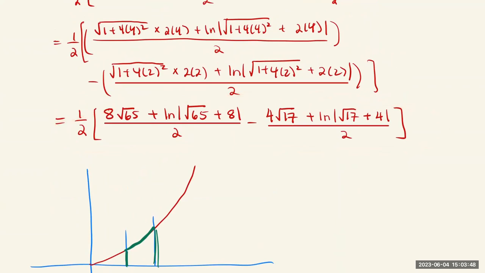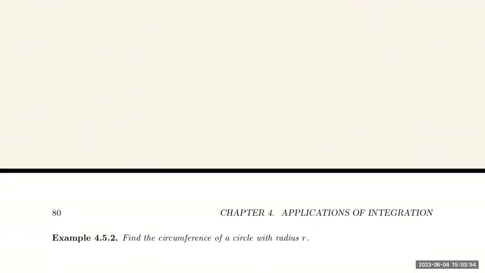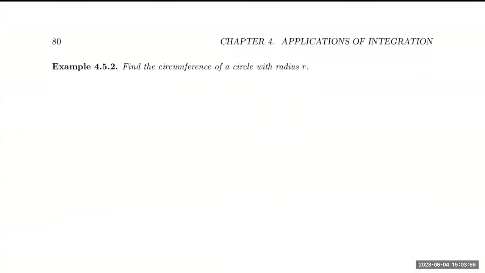All right, let's try another example. Find the circumference of a circle with radius r. Once again, let's visualize this. We have the x and y axis. What we do with the area of a circle, we do something similar.